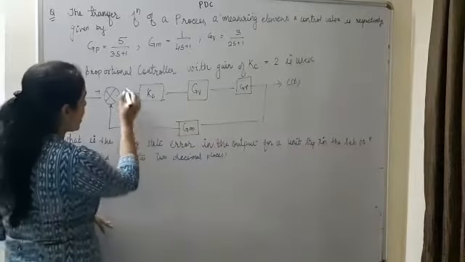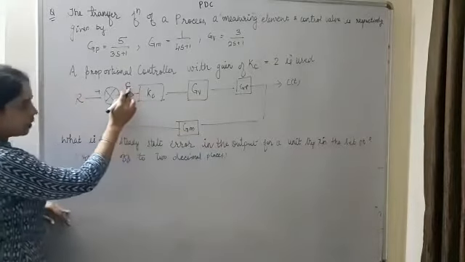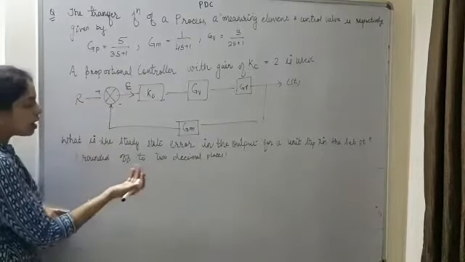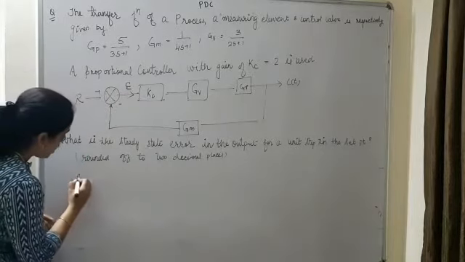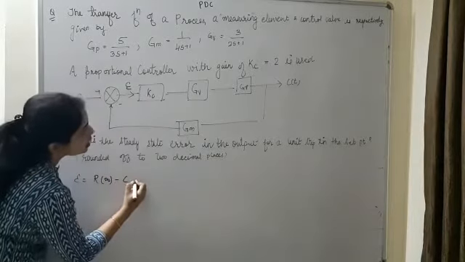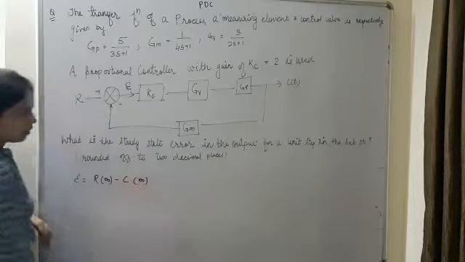So we need to find out the error. So error is this, right? Error is what? Input minus output. So error is R infinity minus C infinity.